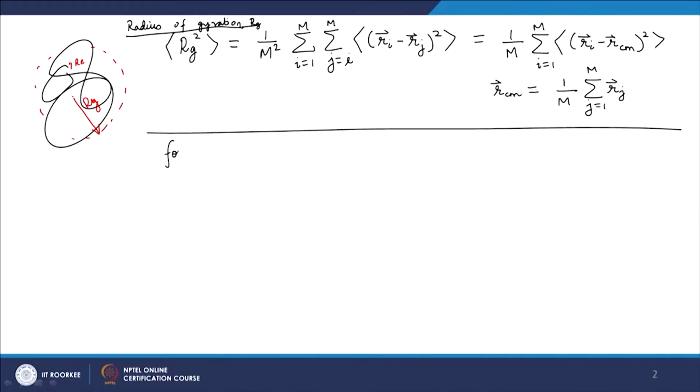So, let us assume an ideal chain. An ideal chain is one that follows the Gaussian statistics, and so far the models of the chains that we have discussed were actually all ideal.